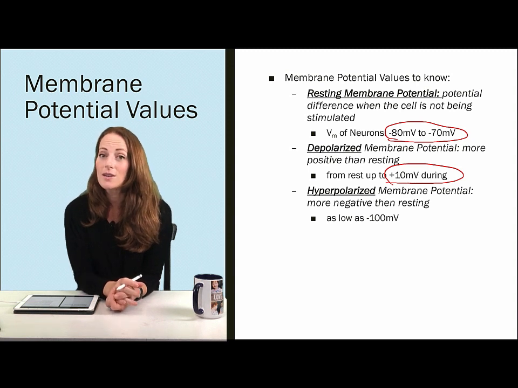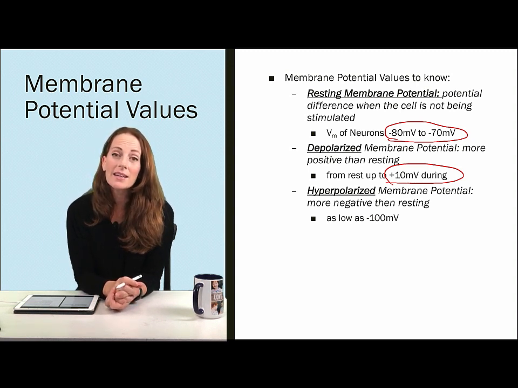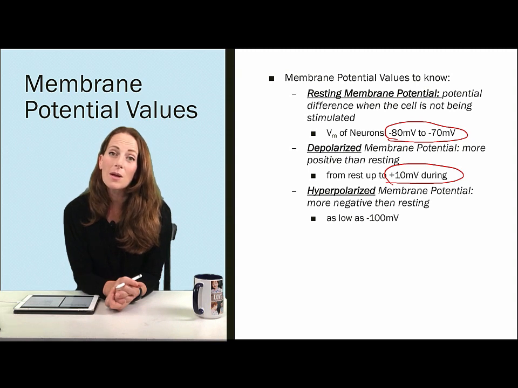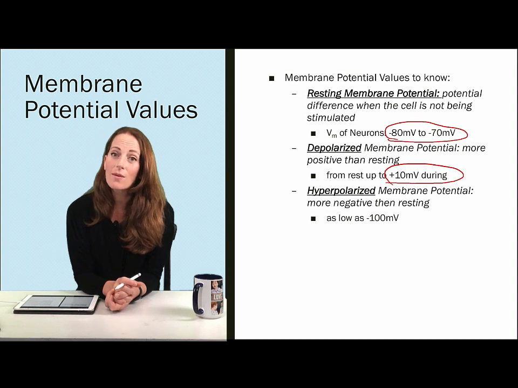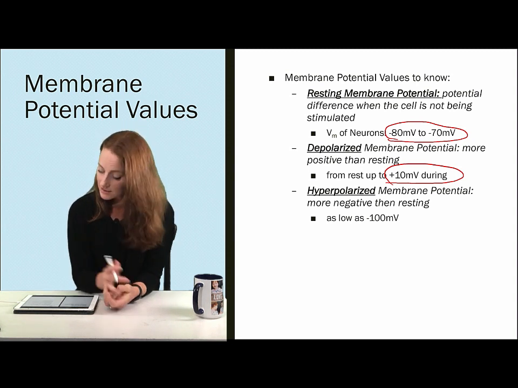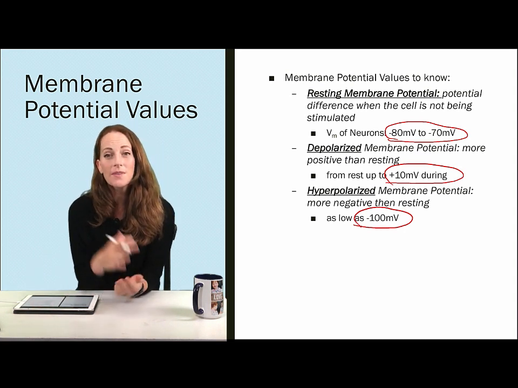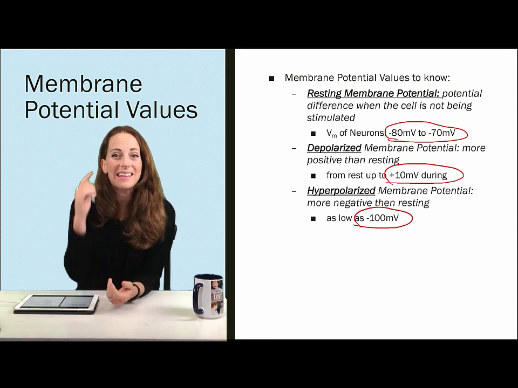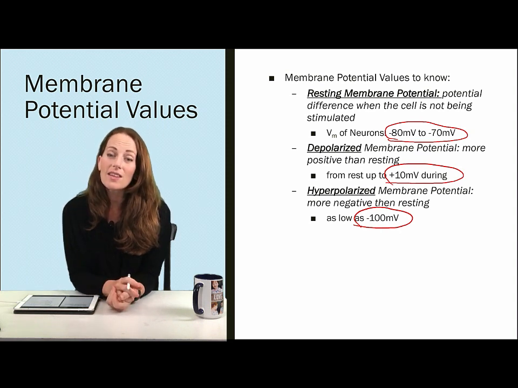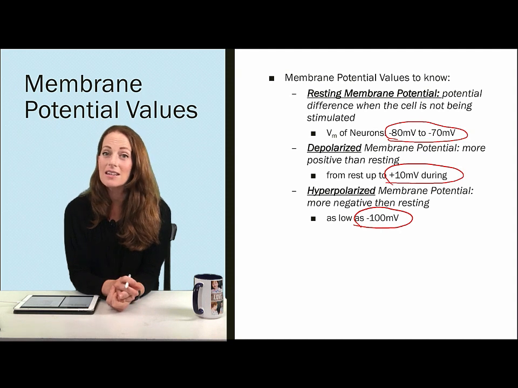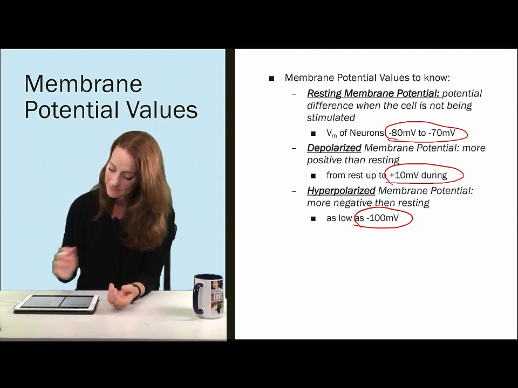You will also hear the term hyperpolarized, and that is a value of membrane potential below rest, or more negative than the resting potential. Some negative hyperpolarization values that you'll hear may be as low as -90, -100 millivolts. We keep these ranges approximately handy so that you have them in mind as we're thinking about how a cell can change during different signaling events.